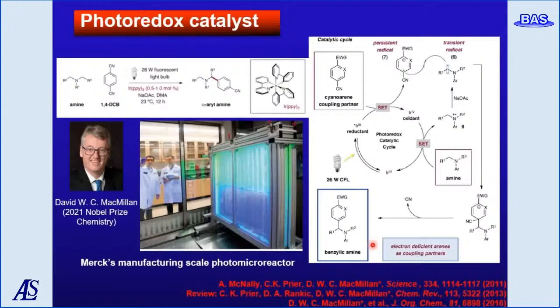Recently, big chemical companies use this photoredox catalyst to produce chemical products on a large manufacturing scale using LED light. In this reaction, we should know how the photo-induced single electron transfer occurs.